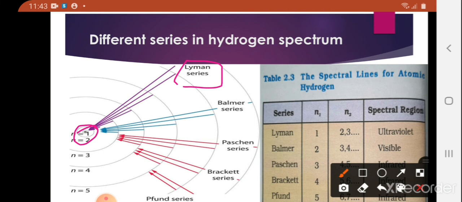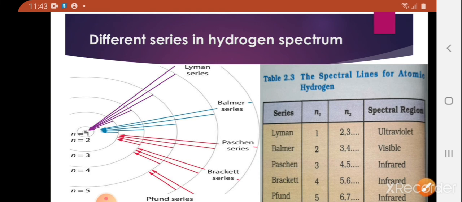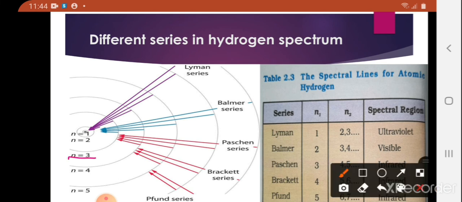When the electron comes back to the n equal to 2 energy state, the series thus produced is the Balmer series. And if the electron comes back to the energy state n equal to 3, we call the series thus formed the Paschen series.